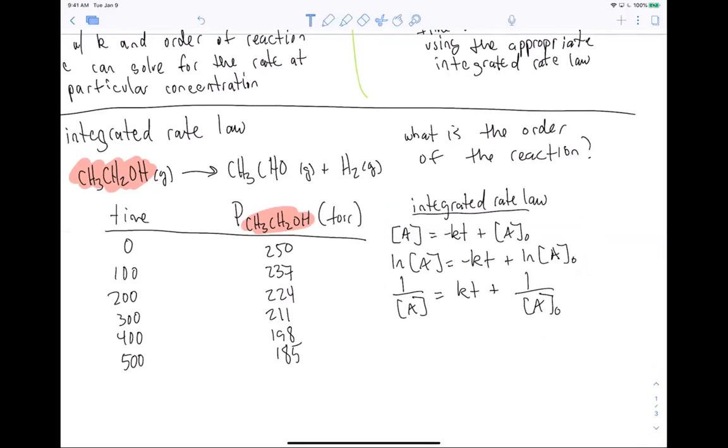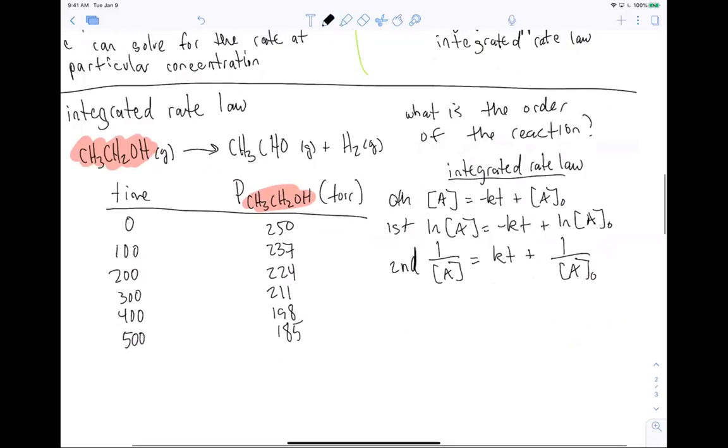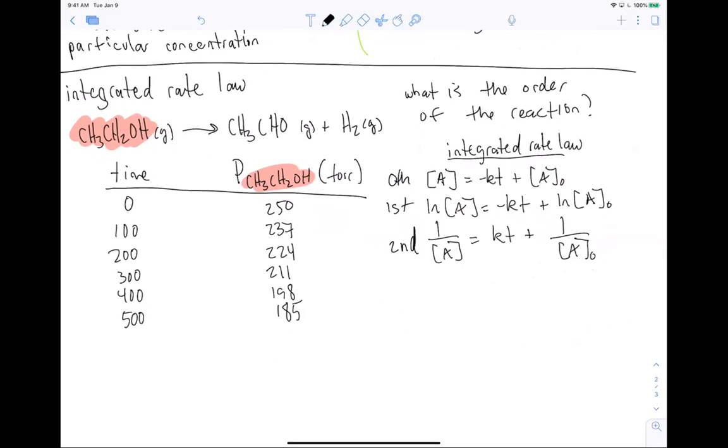These are the different types of orders that it could be. It could be 0th, I always forget 0th. It could be first. It could be second. How do we know which one it is? Well, what you want to do is plot the concentration in these different forms here.